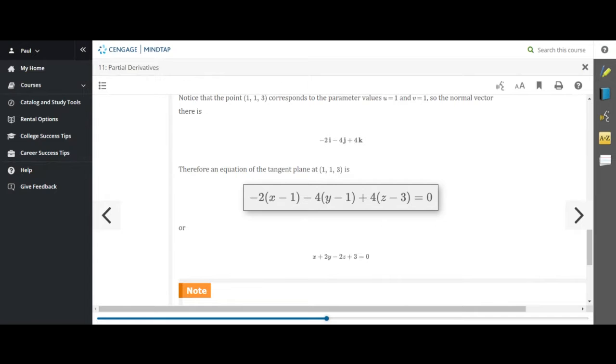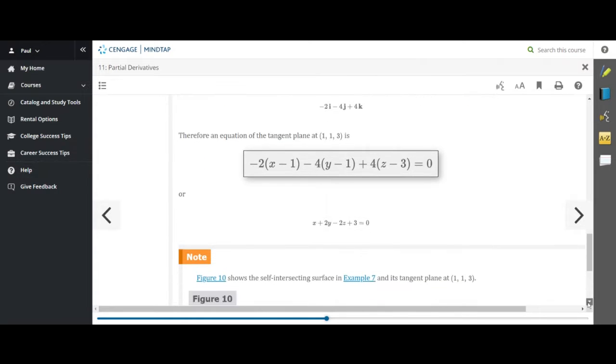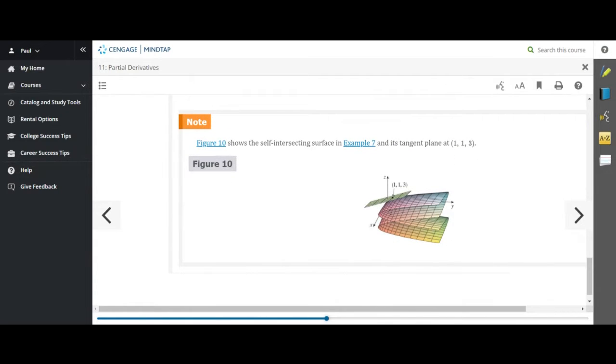I mean, it's truly fascinating. And they have a picture here of this parametric surface, and the tangent plane.